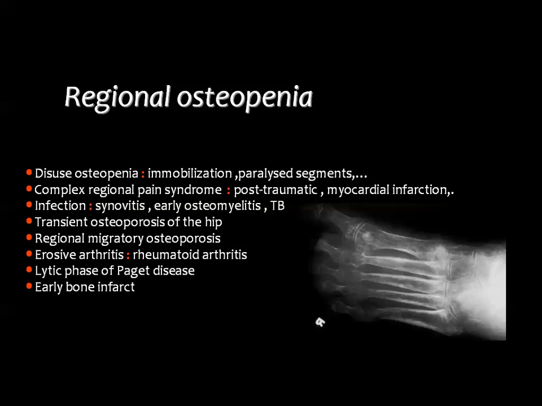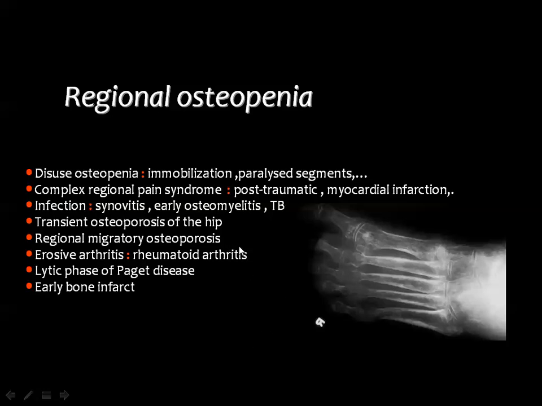This syndrome is almost of unknown etiology, but it is well documented after trauma and in some cases after myocardial infarction and so on. Then infection may lead to such an appearance. Transient osteoporosis of the hip is one of the regional osteoporosis. And if this osteoporosis is migratory, meaning that it affects multiple joints at different times, then it is known as regional migratory osteoporosis.